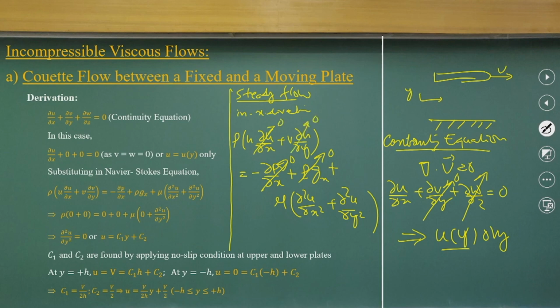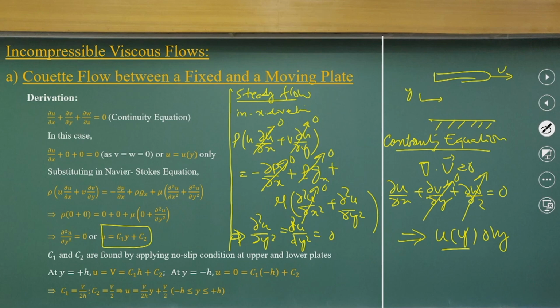Only this term is left, and this component is 0 as it is only a function of y. From this we get d squared u by dy squared equal to 0, so you get a linear function of y. That is very simple.